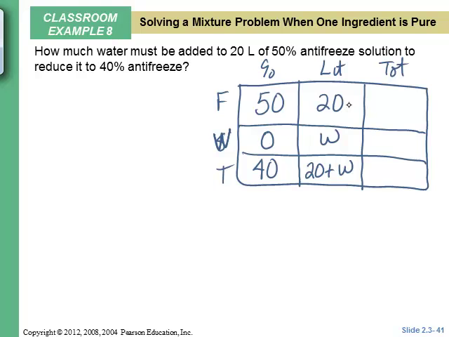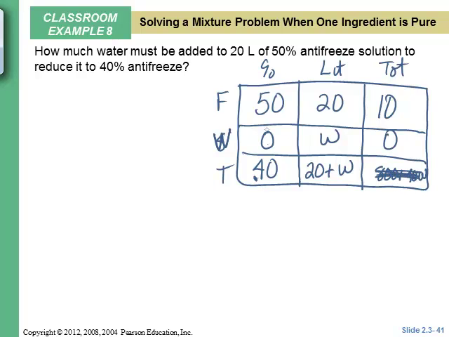50 times 50%, so 0.50. 0.50 times 20 is 10. 0 times W is 0. Oh, I'm sorry, this is 0.40, isn't it? I have to change that.